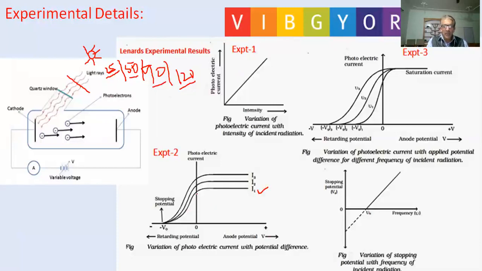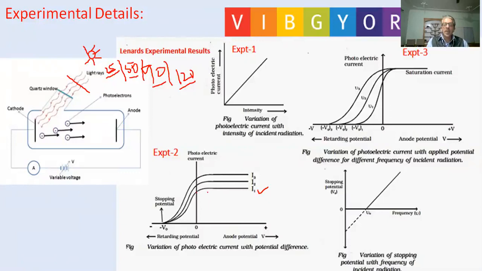Now suppose the anode is at zero potential, and the ammeter shows a deflection, and there is some current flowing through it. Now if we give slight positive potential to the anode, then current starts increasing, and then it goes into the saturation stage. Saturation stage means all the electrons which are available at the cathode are able to reach the anode. All the electrons reach the anode.